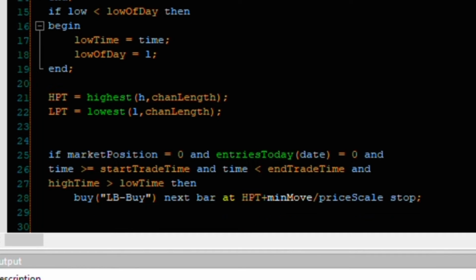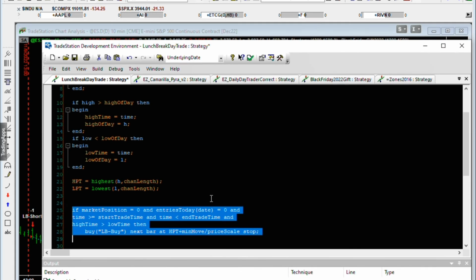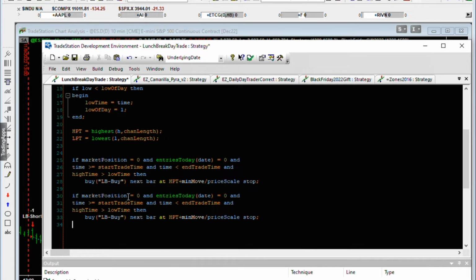Okay. Now let's do the opposite. I'm going to take this and flip it over for the short entry. Paste. If market position equals 0, that stays the same. Entries today equals 0. Time is greater than start trade time, and time is less than end trade time. And low time, I'm going to flip this around right here.